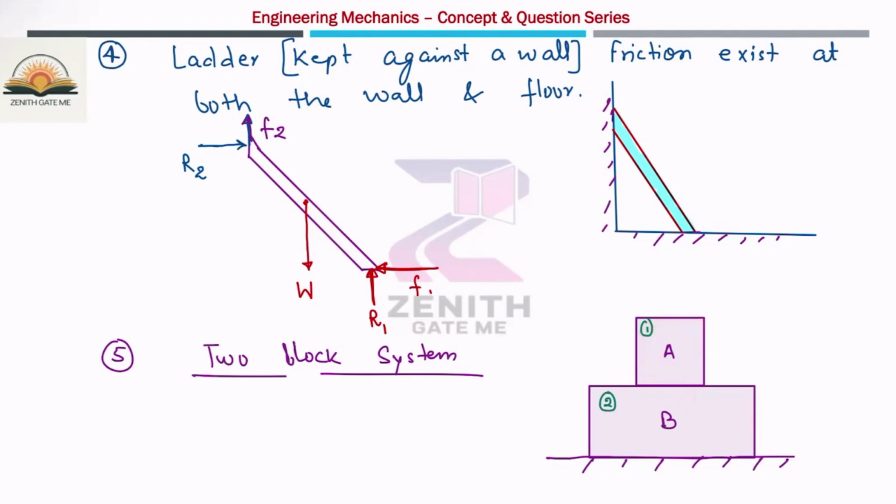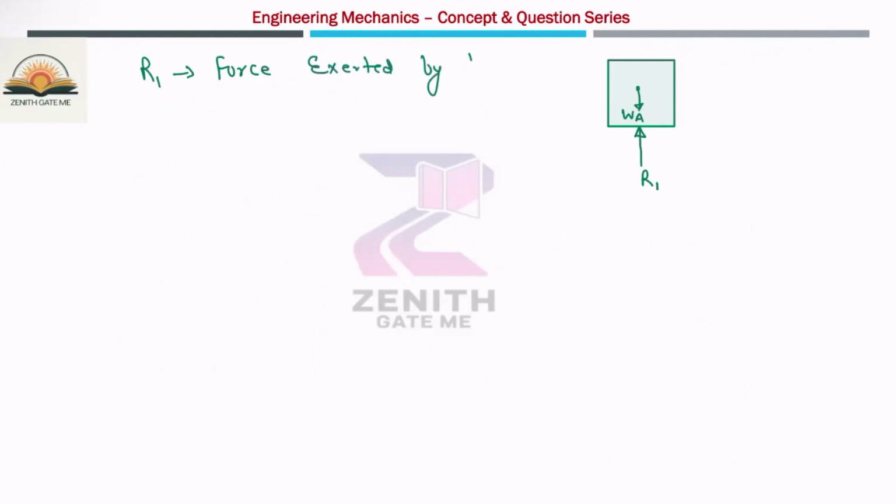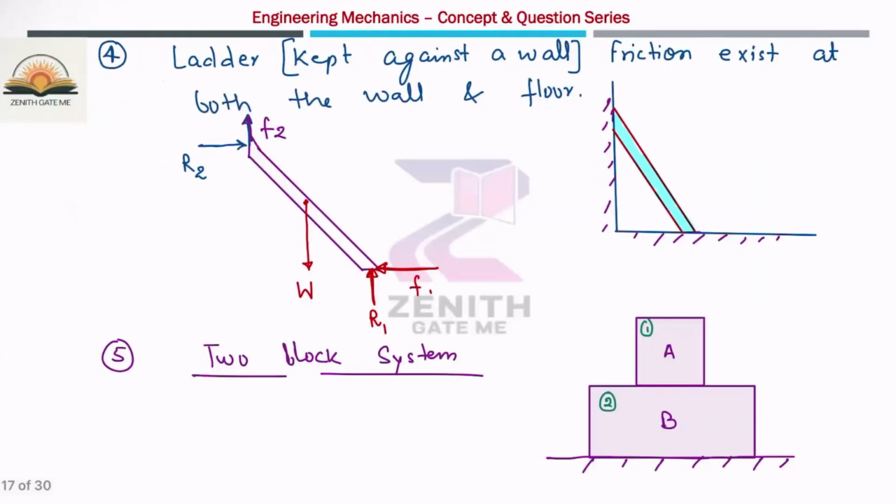So this is block A, in which one force will act downward, which is nothing but the weight of block A. And there is a normal reaction R1. What is this R1? R1 I am representing here is the force exerted by body B on body A. Because there is a contact between these two bodies, body B will exert one force on body A in the upward direction.